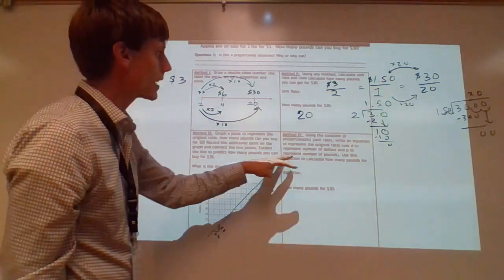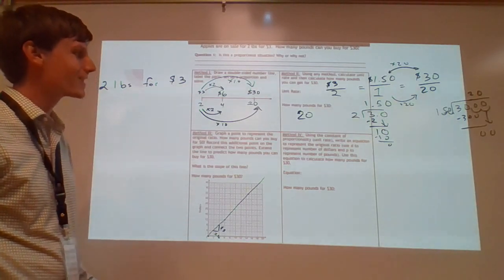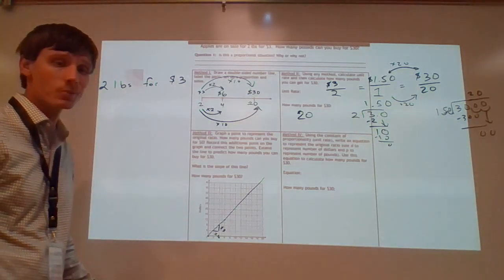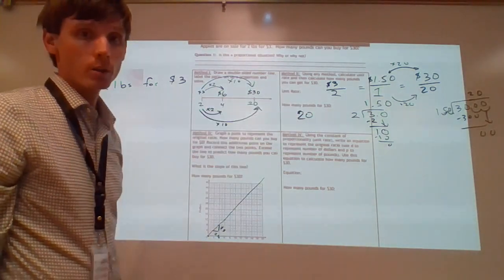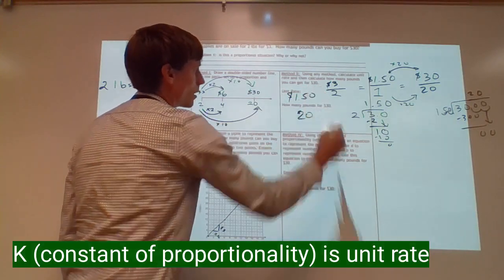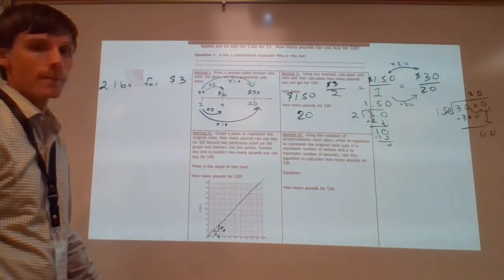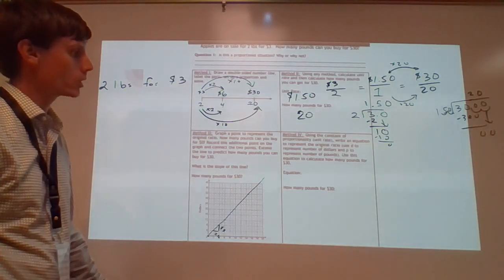Lastly, we can find it through an equation using the constant of proportionality, which is really, as we did before, our unit rate. We said the unit rate again was $1.50 per pound. So we can use that to write an equation.